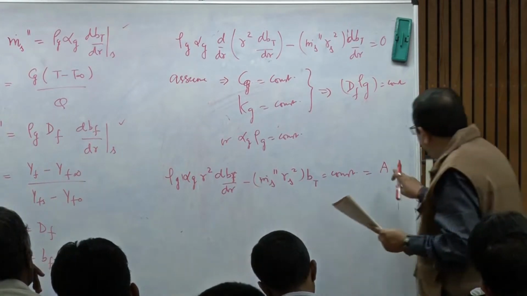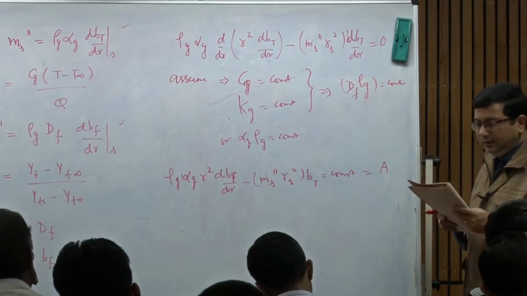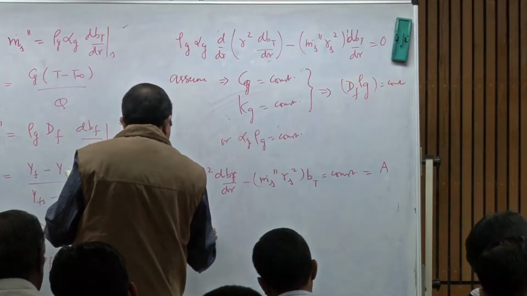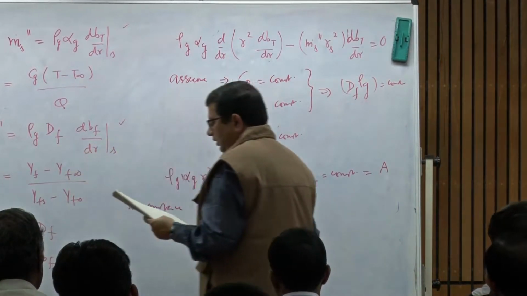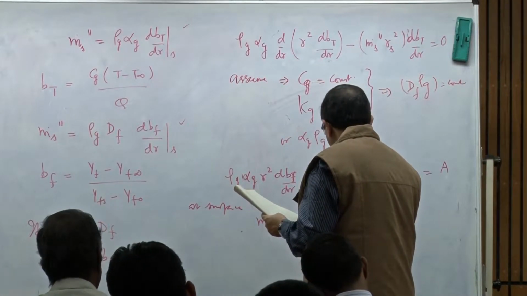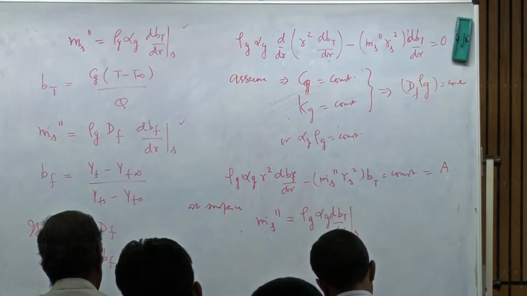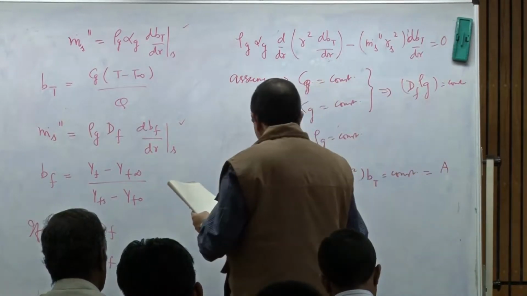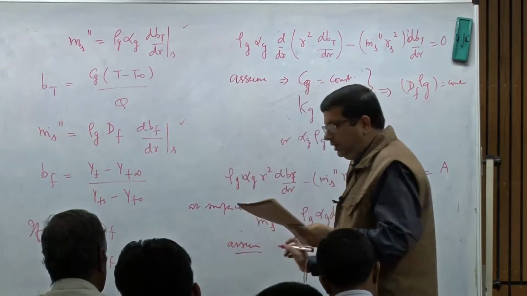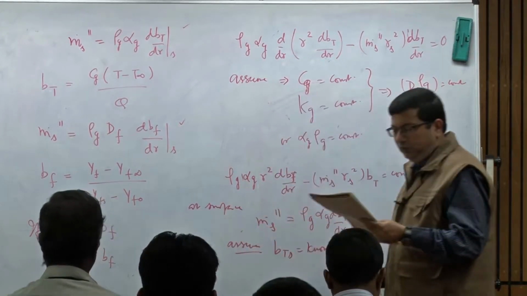Now, we can evaluate the value of this constant A by putting in the boundary conditions. So, let us put the boundary condition at the surface. At the surface, the mass flux of the droplet is given by that we have already derived. Assume, we will solve this later, that we know the value of this, assume that this is a known value.